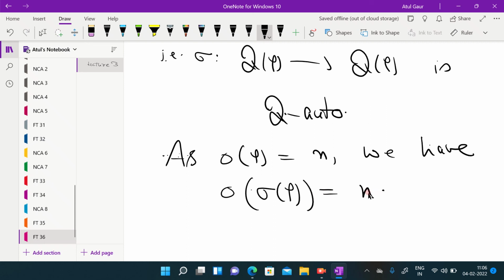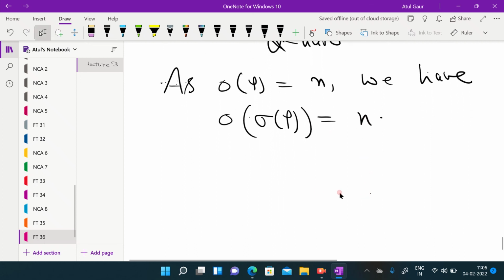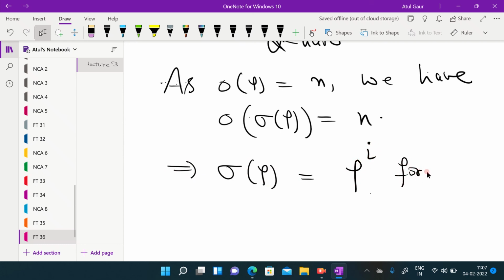So if the order of sigma rho is n, what's the possibility you have? Sigma rho will be some power i, for some i which is relatively prime to n. These are the only primitive ones; sigma rho has order n, that means sigma rho is a primitive nth root of unity.